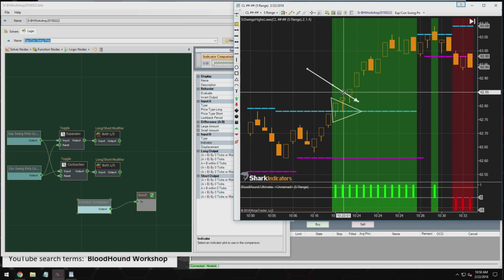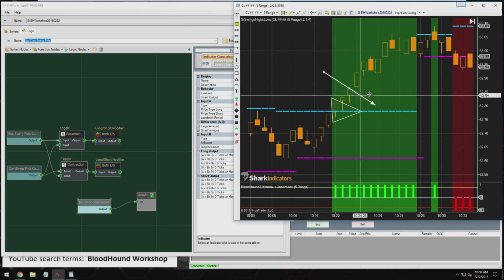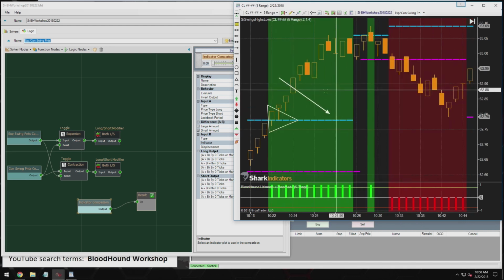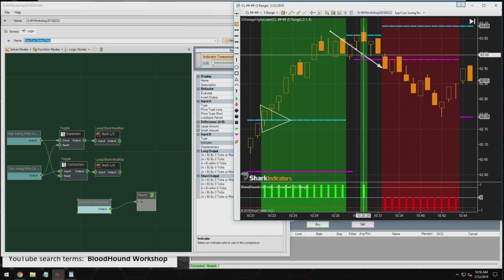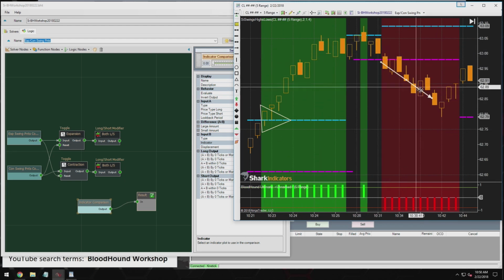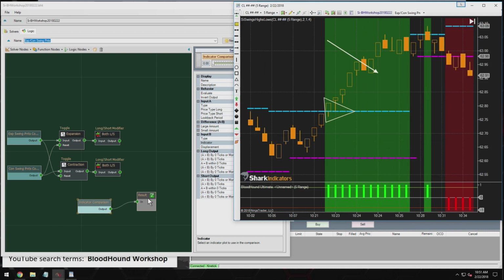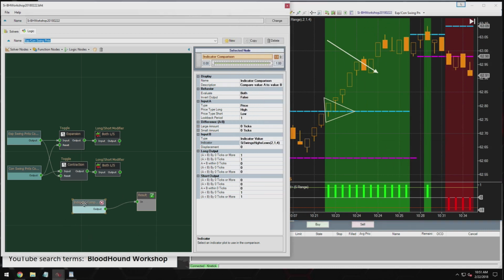So we can see we're getting a long signal when price is above the swing high. And over here, if price goes below the swing low, we're getting a short output. So we can use this long and short output to turn off our toggle nodes. So let's see here.